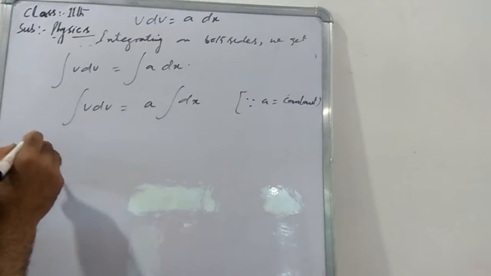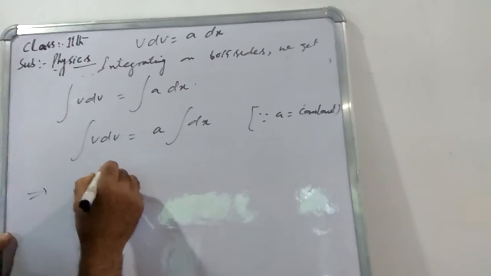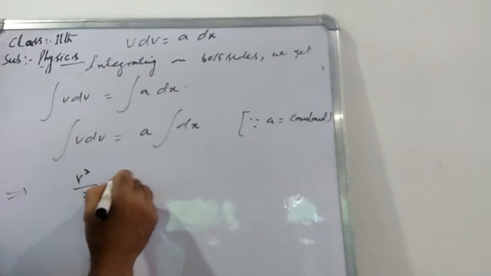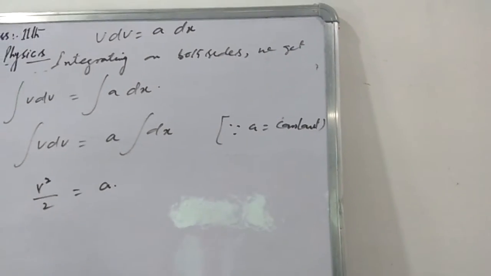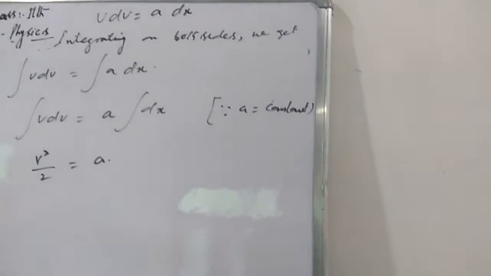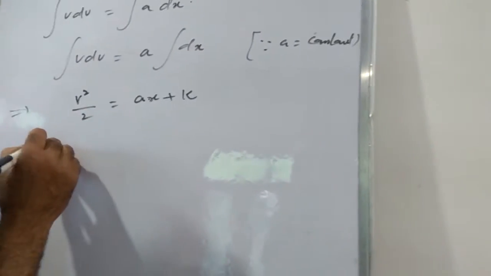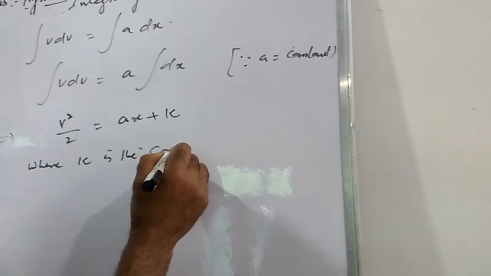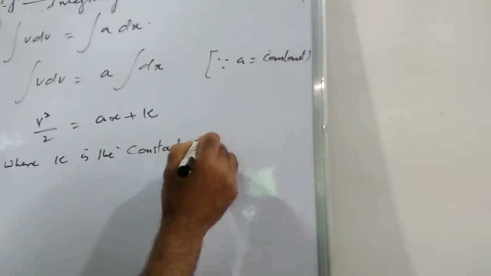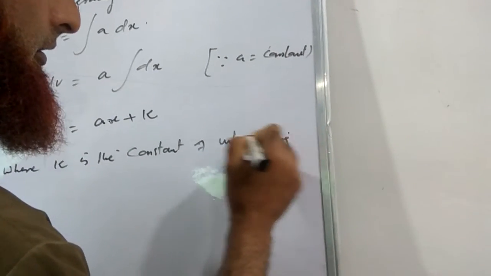So it will become v square by 2 is equal to ax plus k, where k is the constant of integration.